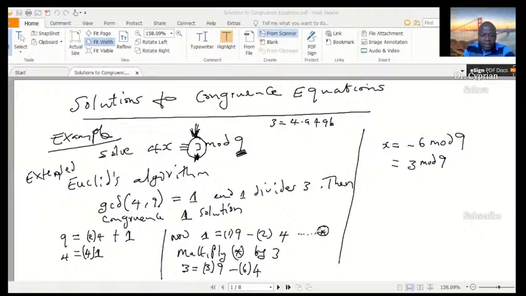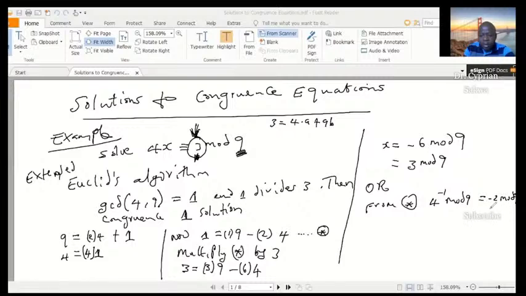From equation star, we notice that the inverse of 4 mod 9 is negative 2 mod 9.